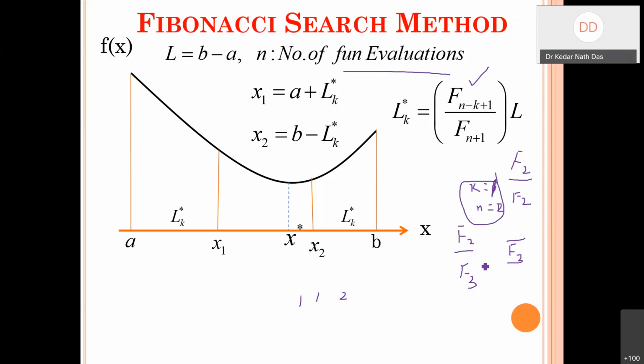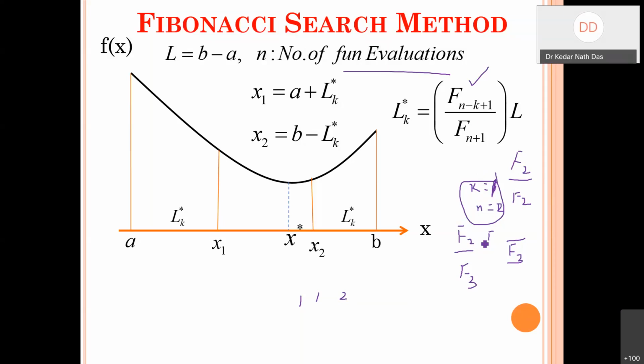Similarly, keep on doing the same exercise. If K increases to, say, 2, then I can have one more there. So F2 will be divided by, say, F4 and so on. So accordingly, the difference of these Fi's is going to be more and more, and we can have the fraction of L a bit smaller and smaller.